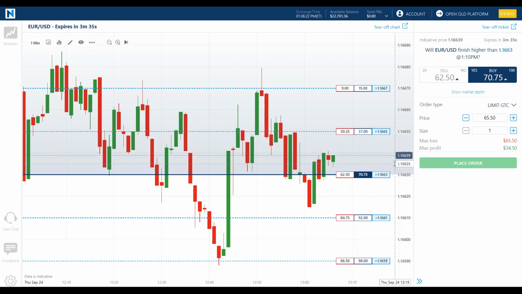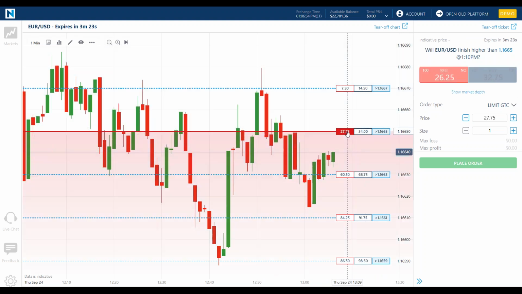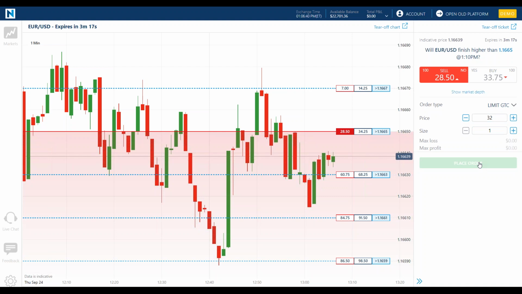Now, let's say, for example, I think it's going to go higher, but it's not going to get above 1665. Although it was just here, who knows? I could choose to sell this one in the 32 range. And if I place my order, you would see my order show up, and I sold it.